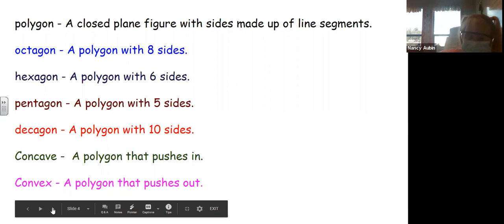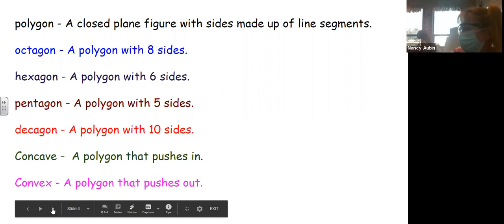Here's some of that vocabulary that you would have read in your Think Central assignment. Polygons are just closed figures made up of line segments, not curved lines, but straight line segments. But they can't have an opening. We're going to learn more about them. Here are some examples of polygons.